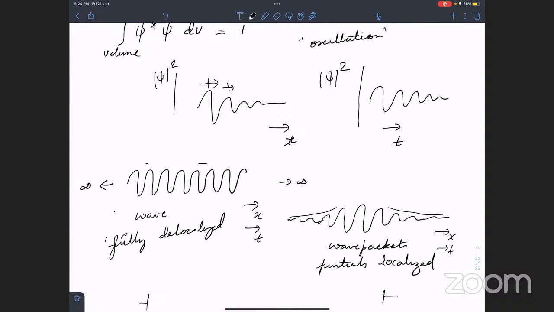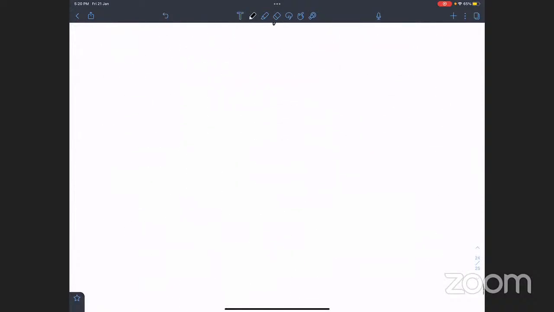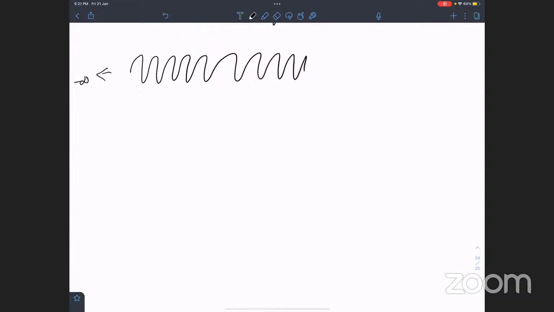Only such a delocalized wave function has a definable wavelength. So what does that really mean? Only if my wave function is fully delocalized in space, which means it extends, I'm drawing here, but it's actually uniform, right? So only if it extends in space from minus infinity to infinity, does it have a uniquely defined wavelength?